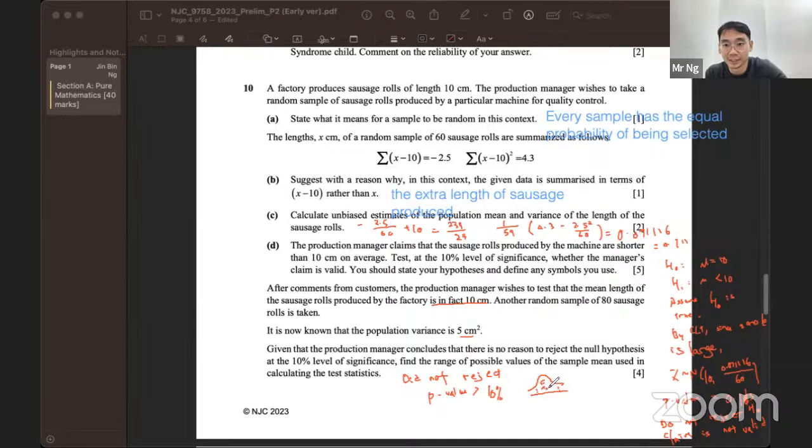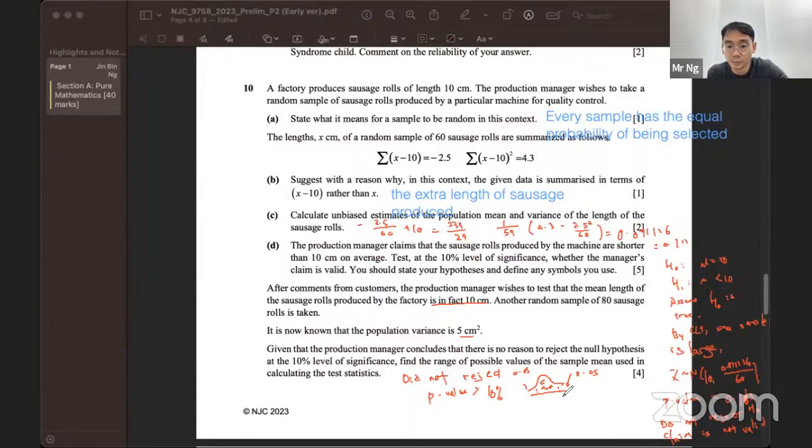Your data, your test statistic, should lie inside here. So over here, that means this thing will be 0.05.